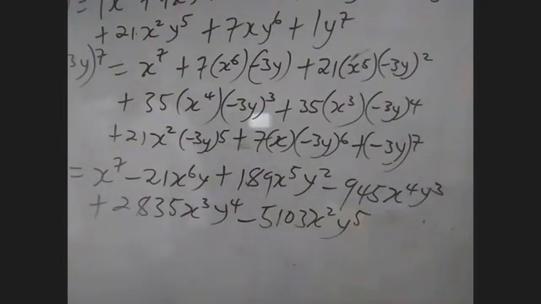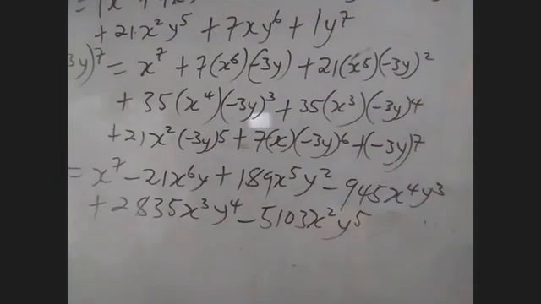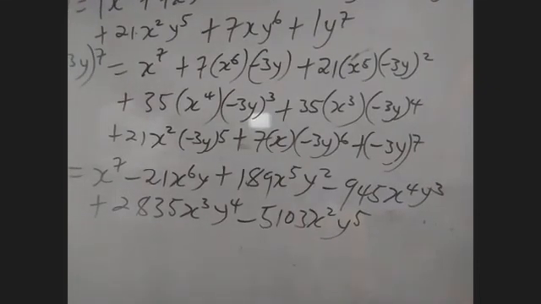Here you have (−3)^6, that will be 27 times 27, which is 729. 729 times 7 will give us 5103.